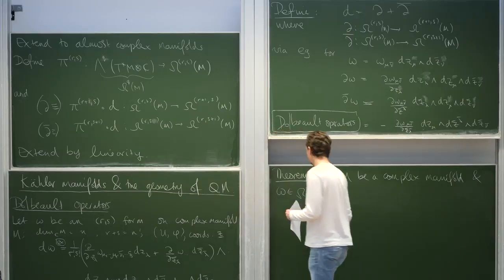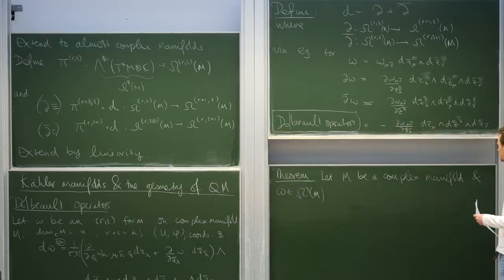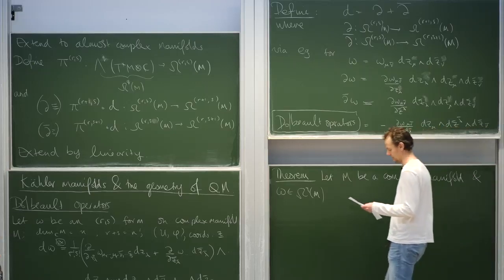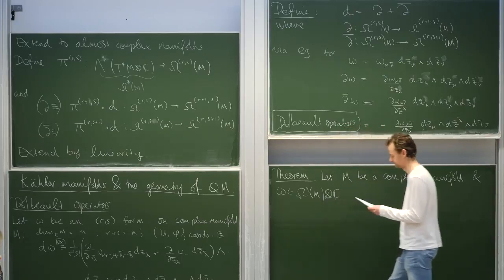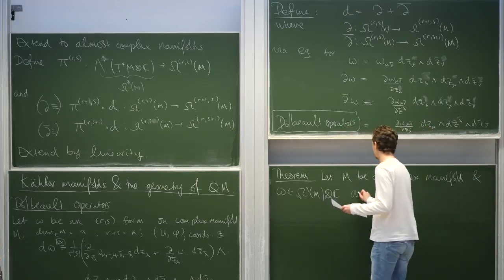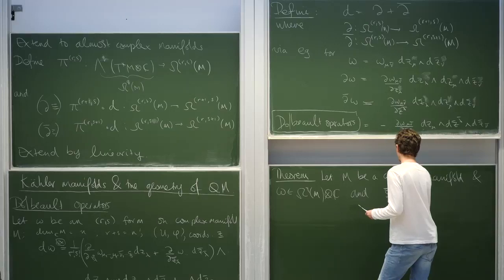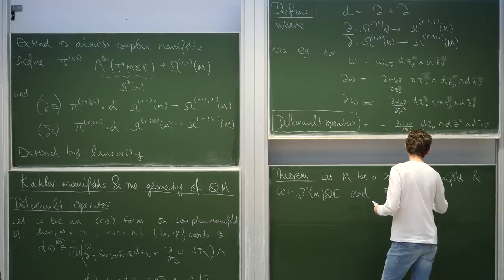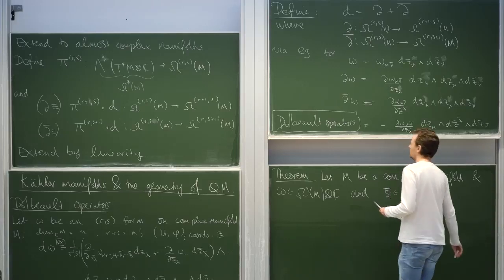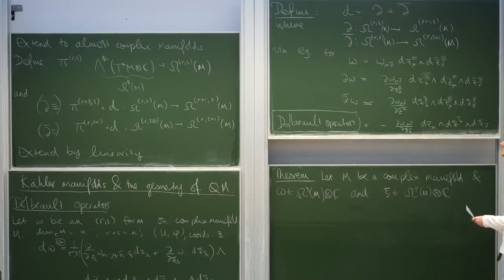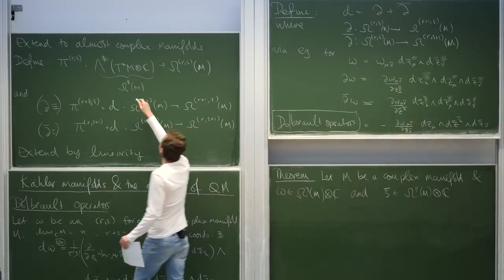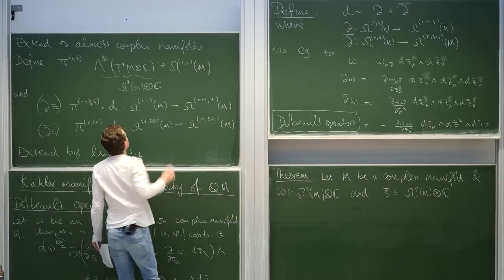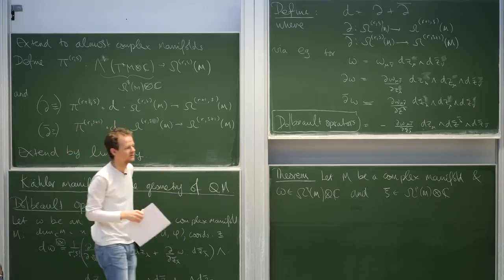So we have some Q form on a complex manifold, a complexified one, and we have some P form. I forgot to be totally consistent with my complexifications.